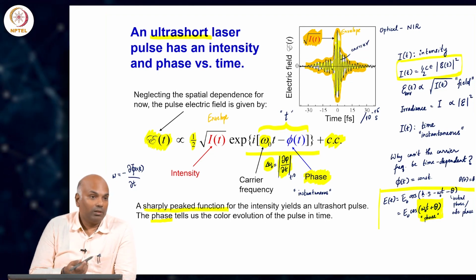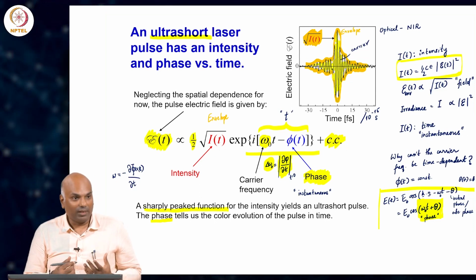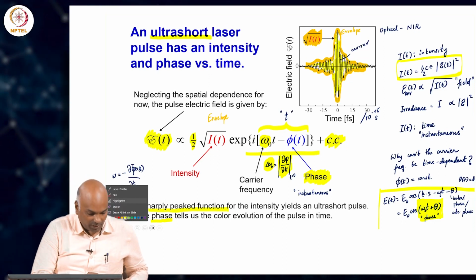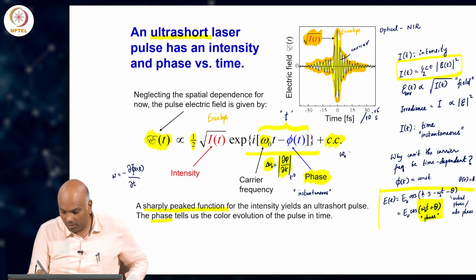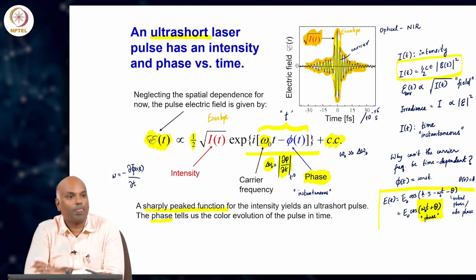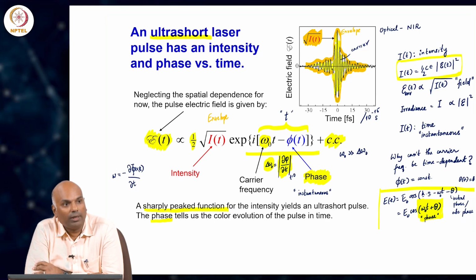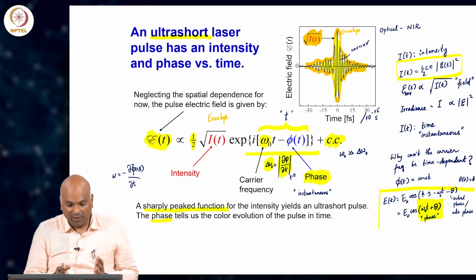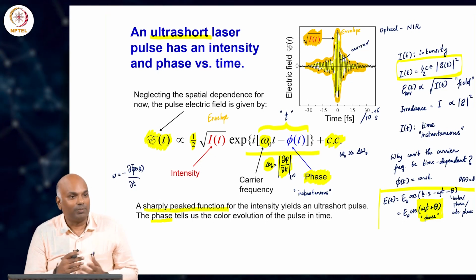Now, herein we are pushed to apply some logic and say that, look, this is also a sort of perturbative analysis of the entire scenario, and omega naught is substantially greater than delta omega. Alright, omega naught is substantially greater than delta omega. Only then does calling omega naught the carrier frequency have any meaning in the first place.